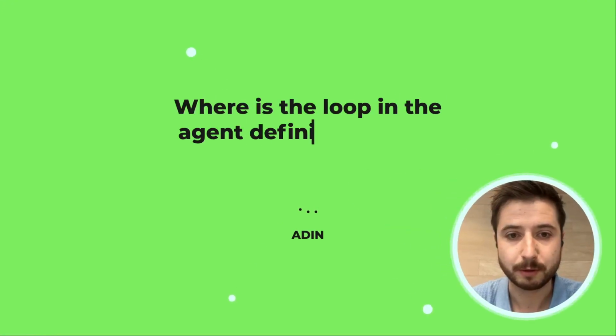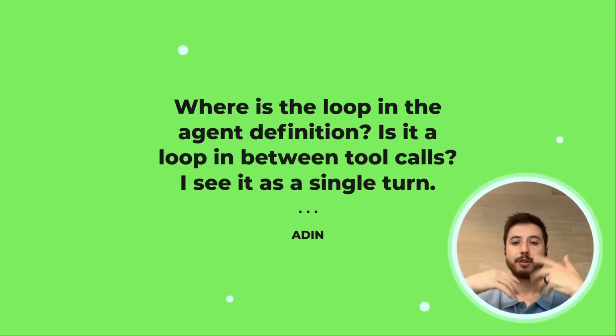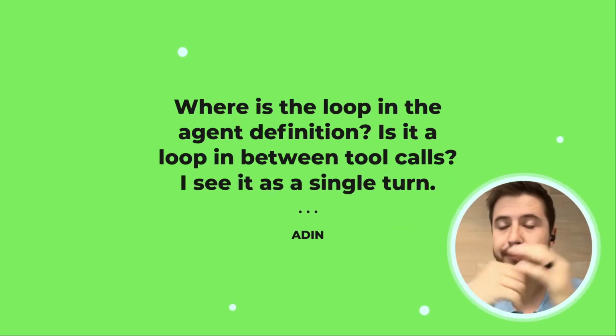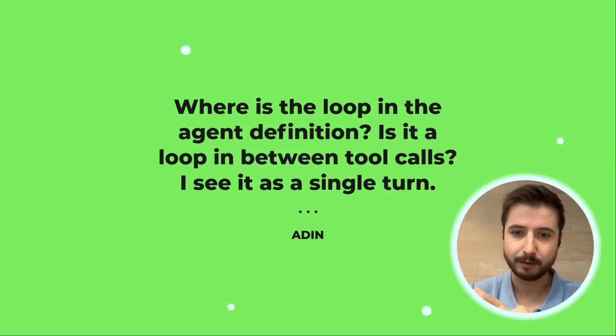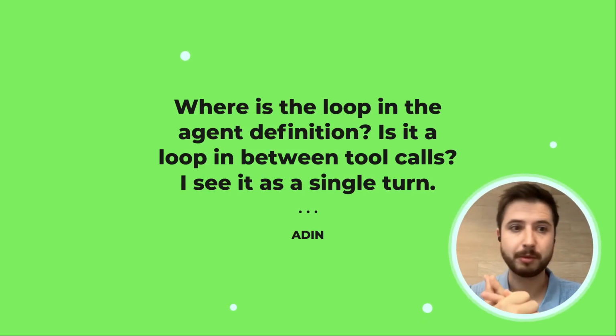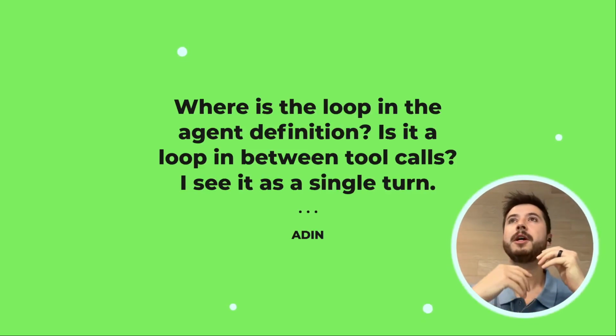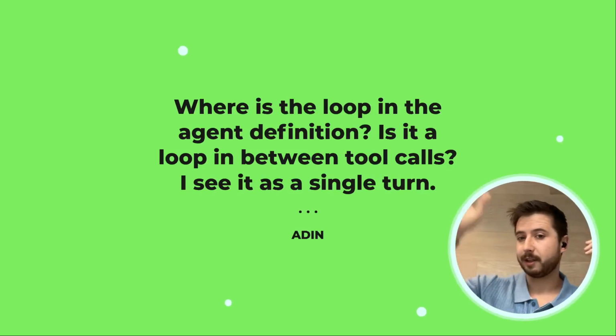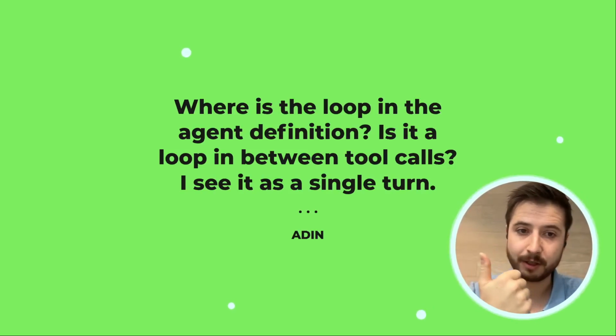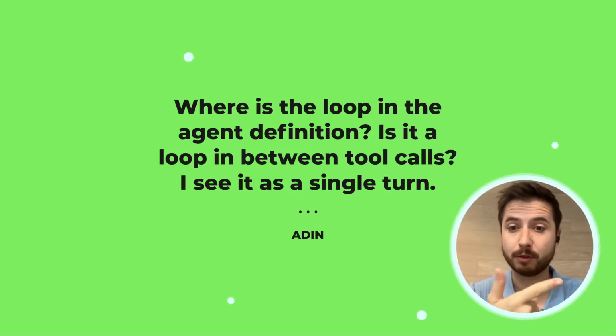And another Q&A. Where's the loop in the agent definition? So I'll promote this really quick. Where's the loop in the agent definition? This is part of the agent SDK. If you wanted to hand roll this, you totally can. For those who are familiar with both the Responses API or Chat Completions API, there's basically some tag that comes down in the response that says this is effectively a final response or this is a tool call.